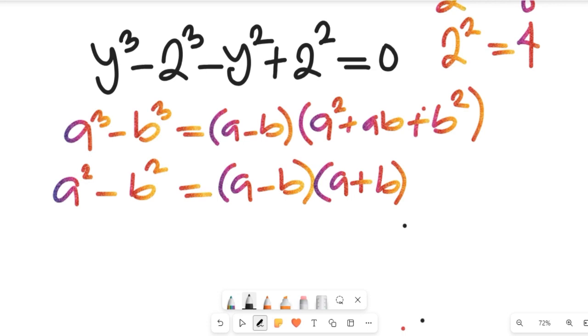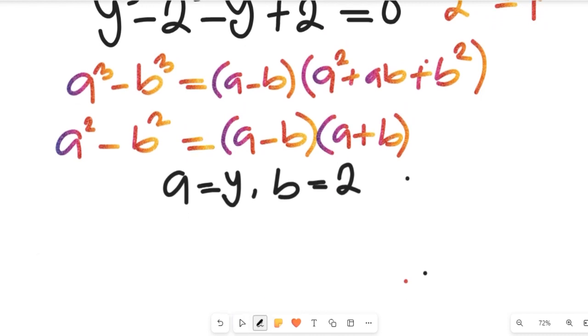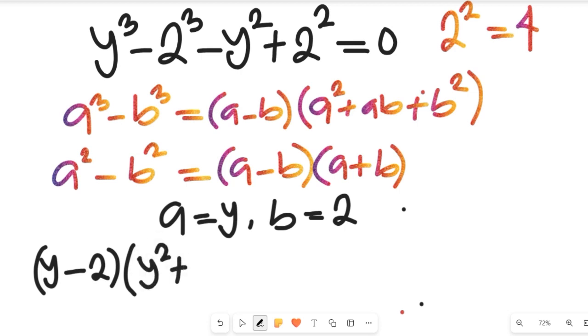So recall that from this expression, a will be equal to y, and then our b will be equal to 2. So if we simplify that, that simply is going to give us, from the first expression, y to the power of 3 minus 2 to the power of 3, that expression will now give us y minus 2, right, on one side, and then we'll have y squared plus 2y plus 2 squared, right?